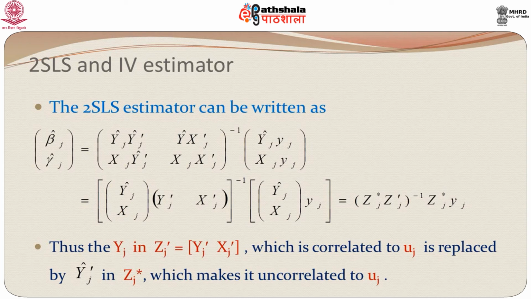So, the Zj has y and Zj star has Yj hat replacing y. X remains the same in both cases, and as we know that since Yj hat is uncorrelated to Uj, unlike Zj, Zj star would be uncorrelated to the Uj's as well.